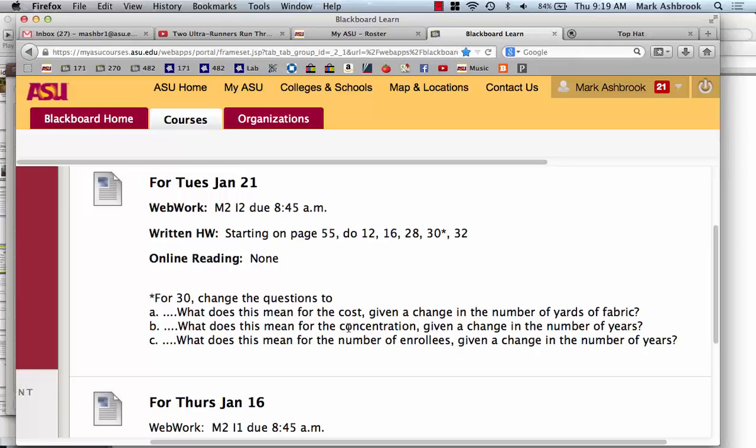Often a big component of your grade on the written homework will be completeness and professionalism, and good, full, complete sentences when you're explaining. It'll say, explain your reasoning. That's the most important thing about the written homework that we can't do as well with the online system: teach you to write about what you're thinking and explain your reasoning for why you did certain things.